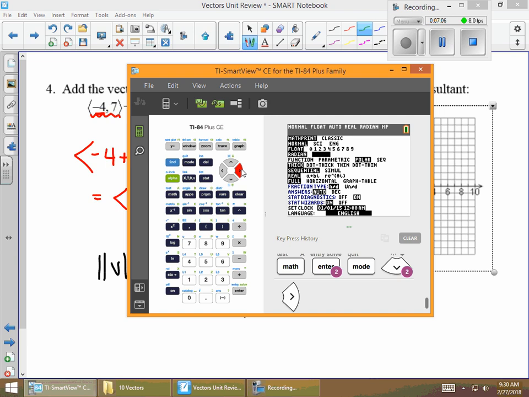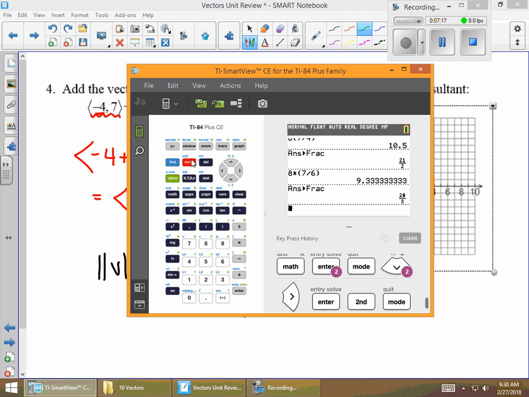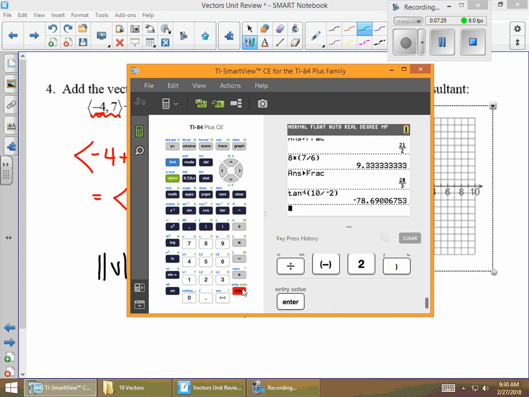So you're going to want to make sure you switch your calculator over. My calculator is still in polar coordinates because I was making polar coordinates videos this morning as well. That doesn't matter because we're not graphing any functions today. Since 10 over 2 is not going to give me a unit circle value, I get negative 78.69.